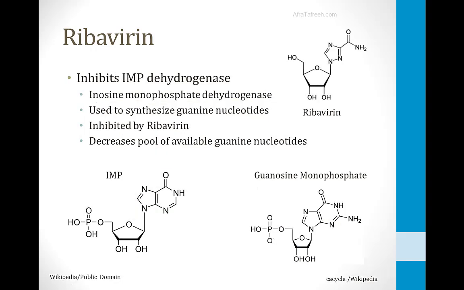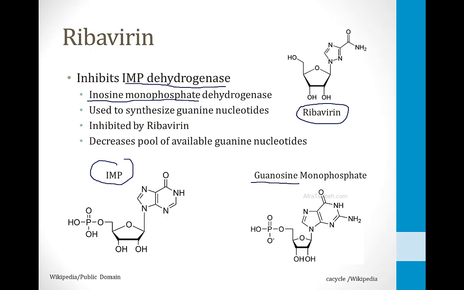Ribavirin also inhibits an enzyme called IMP dehydrogenase, and IMP stands for inosine monophosphate. And this is the chemical structure of IMP down here on the bottom right side of the screen. And you can see that it's very similar to ribavirin. IMP is a biochemical intermediate that gets converted by cells into guanosine nucleotides.